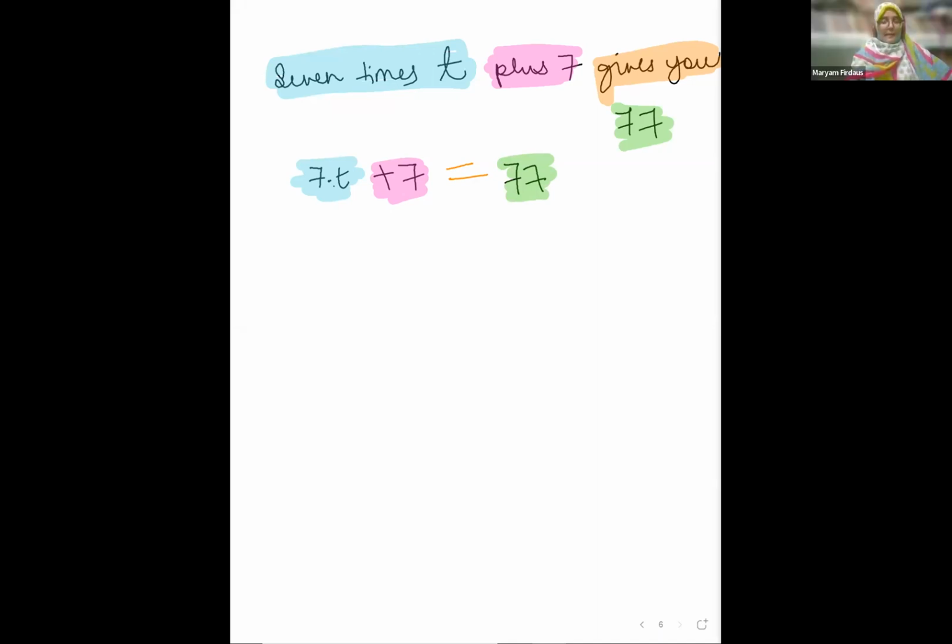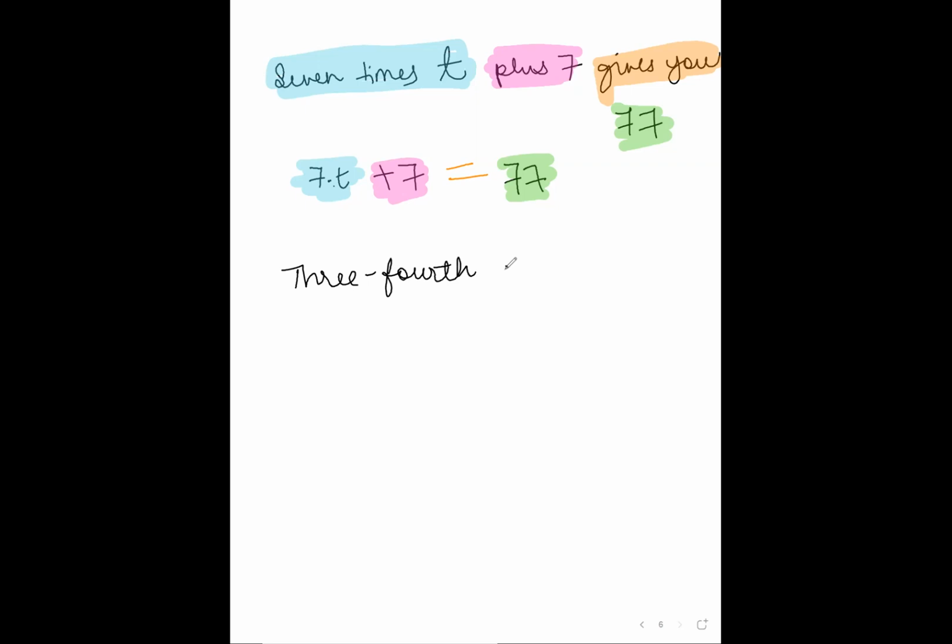Three-fourths of M is 75. Write it down. Three-fourths of M is 75.